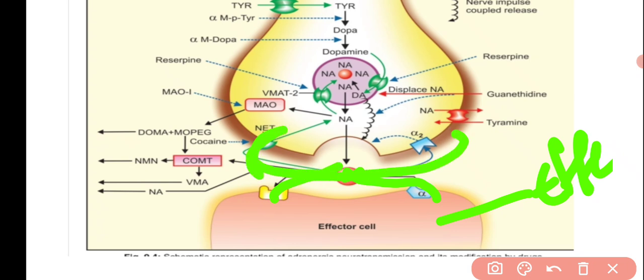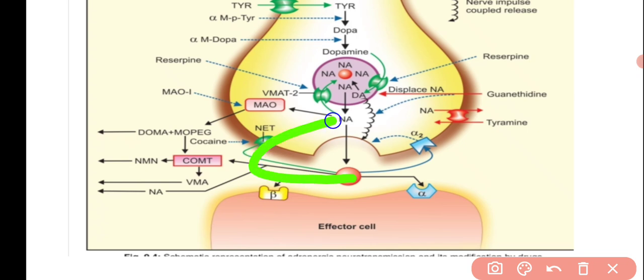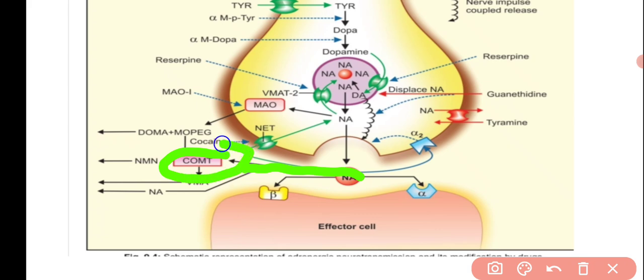This is the major mechanism for the termination of the effect of norepinephrine. Another mechanism is that it is metabolized by monoamine oxidase and catechol-O-methyl transferase into vanillylmandelic acid.